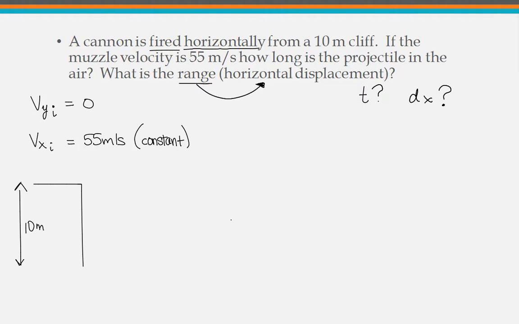So we talked yesterday about the riverboat problems and how the time is the same for both components. Obviously, because whatever's happening in x is going to happen in y simultaneously. So again, this is the same for both components.